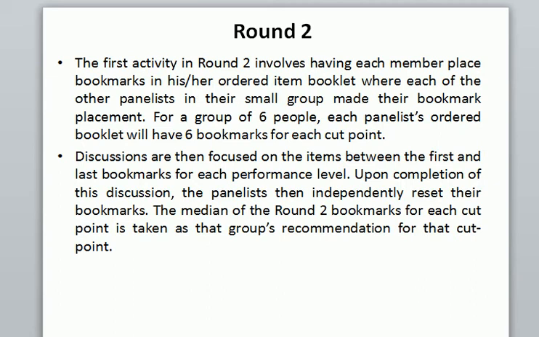The median of the round 2 bookmarks for each cut point is taken as the group's recommendation for that cut point. It means in this method also, the median of the round 2 bookmarks is taken as the group's recommendation for that cut point.